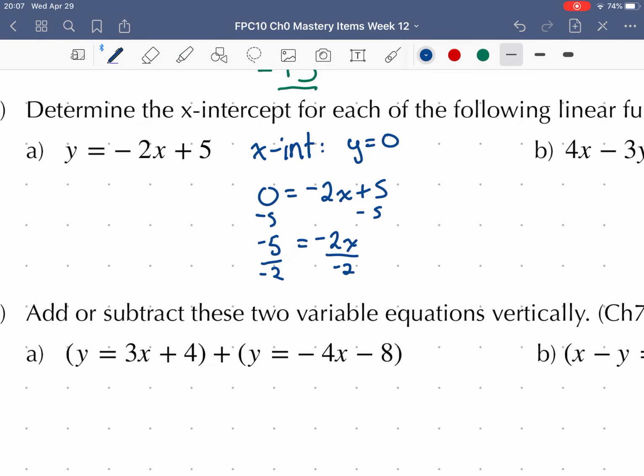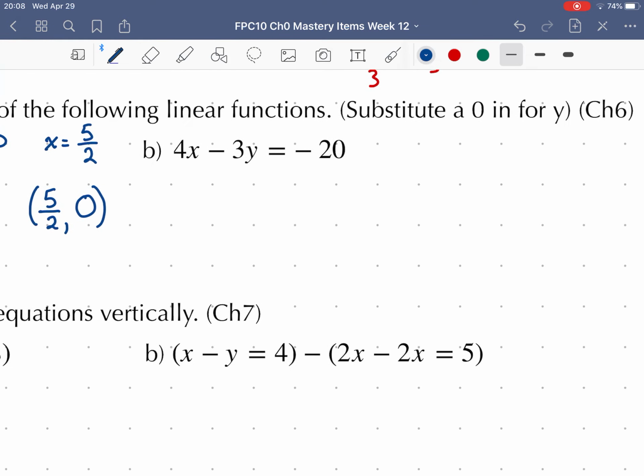And x is equal to 5 divided by 2. I'm going to leave that as a fraction because I can. So the x-intercept for this equation will be at the point of 5 over 2 in the x-axis, which is 2.5, and 0 on the y-axis.